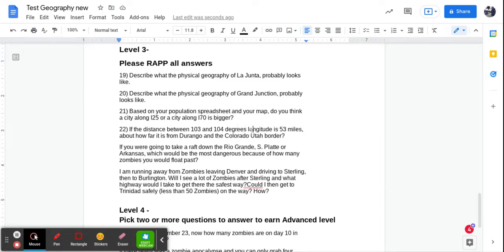So if you started at Durango and went to the border of Colorado and Utah, about how far would that be if one square of longitude is 53 miles wide?